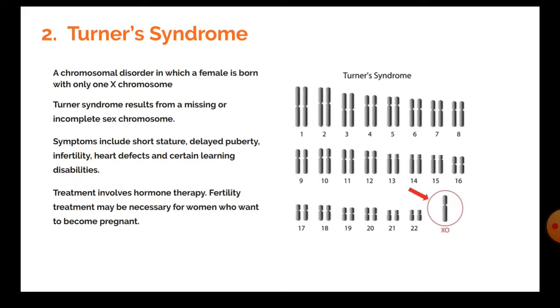Sometimes we talk about super females and super males also. So what are these? They have extra genotypes, that is super females may have 3X chromosomes, 4X chromosomes or 5X chromosomes. They show abnormal sexual development and one more feature, that is mental retardation.